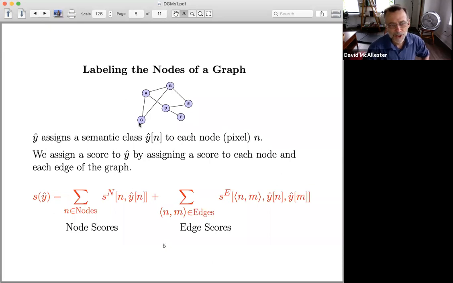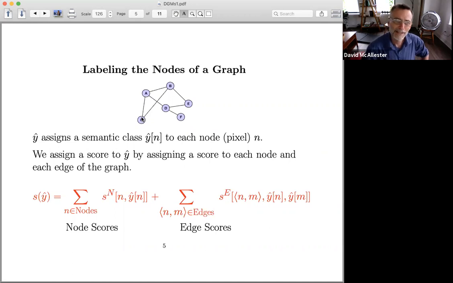Now we're going to assign a score, like an energy score, to each y hat. We're going to assign that score by assigning a score at each node for that node having the label that this assigns to it. And we're also going to assign a score for each edge in the graph that says how compatible is the label here with the label here.